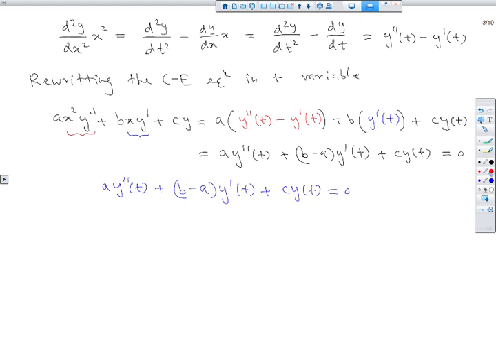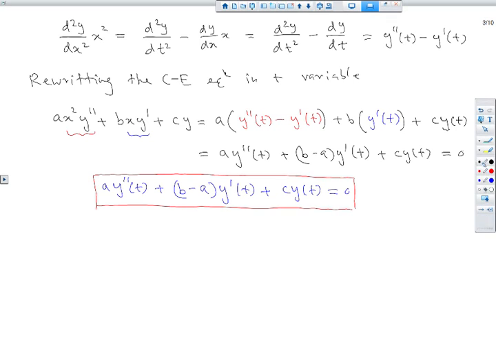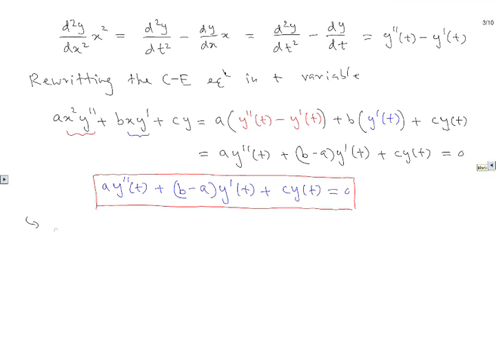So this is a constant coefficient differential equation. You transform this differential equation to something easy.